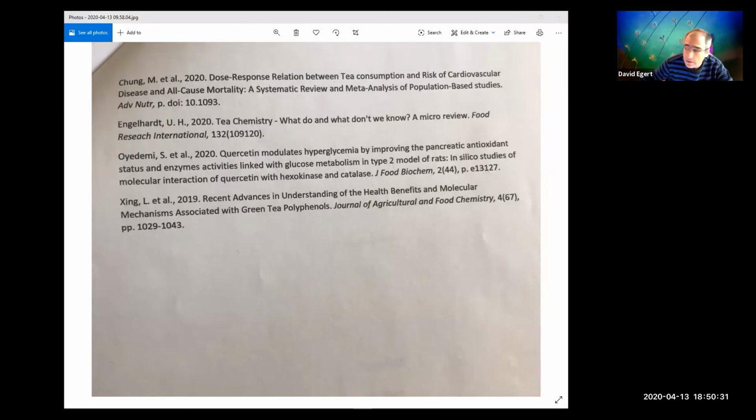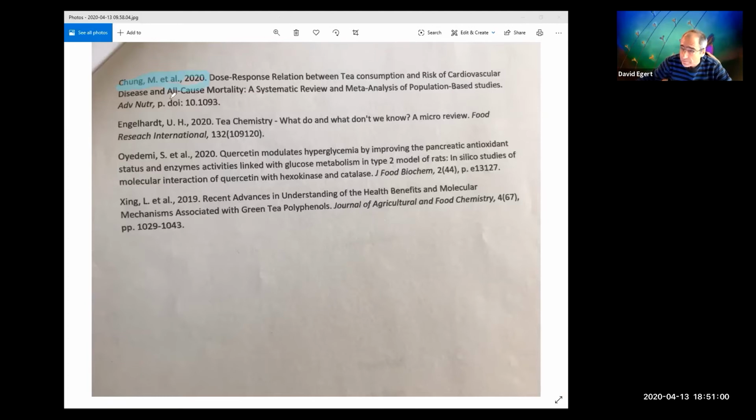Where's my, oh, wait, there it is. So you should not have an et al. in your final references. When you have more than one author, it's good to have et al. in your inline references.